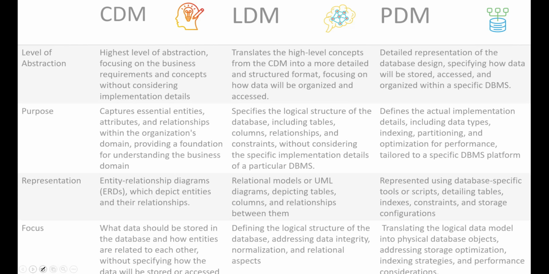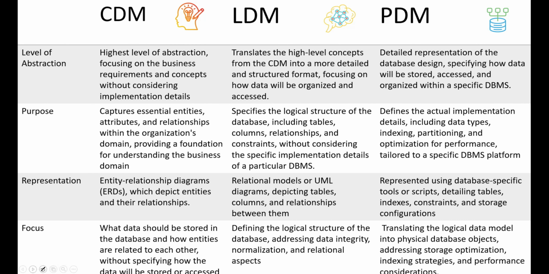And finally, let us see the summary of it, right? So CDM, LDM, and PDM: conceptual data model, logical data model, and physical data model. What exactly is the difference when you look at the bigger picture of it on one page? We can consider the level of abstraction. CDM is definitely the highest level of abstraction and PDM is a low level of abstraction.